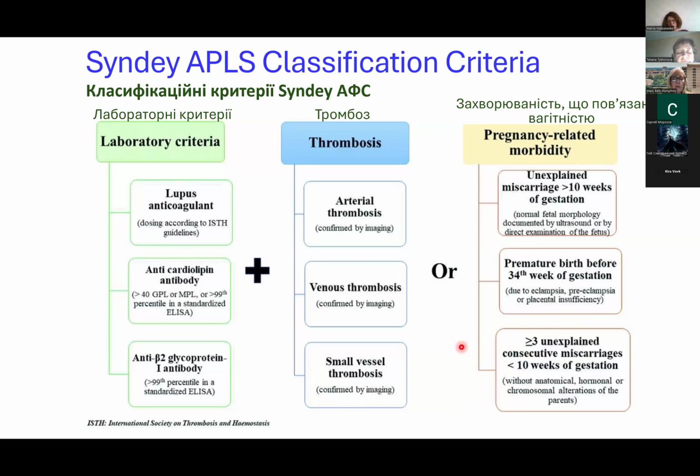So it's not uncommon for women to have multiple miscarriages in the first trimester, but usually they're not consecutive, and they may have a normal pregnancy in between some of the miscarriages. So this is 3 or more unexplained consecutive miscarriages.